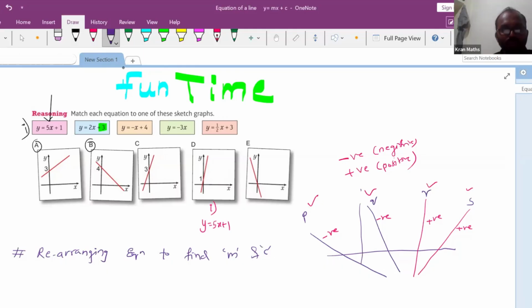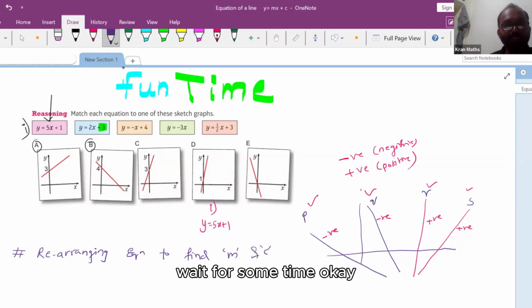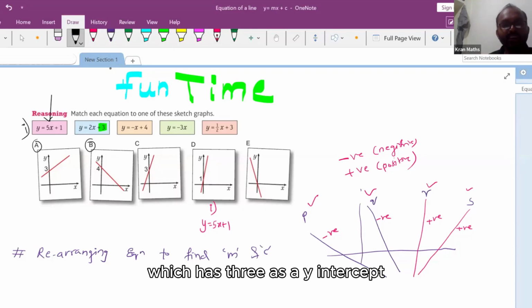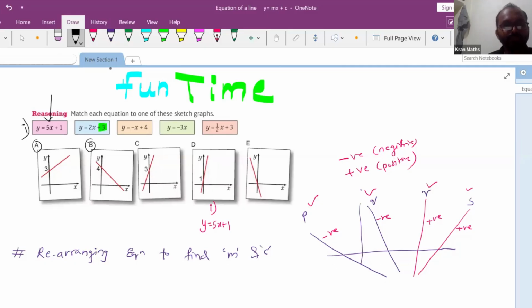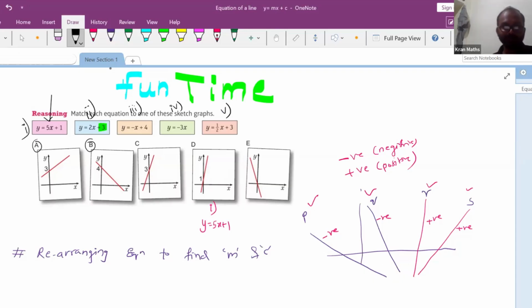Okay. Don't judge like that. Wait for some time. What you do is you try to identify one more equation which has 3 as a y-intercept. Which else has y-intercept as 3?